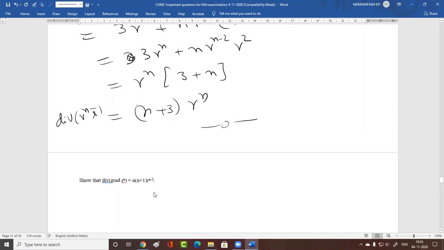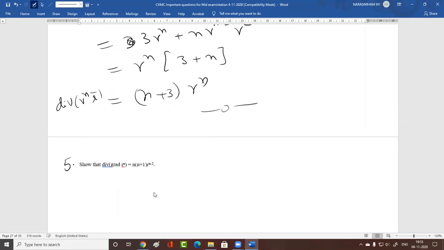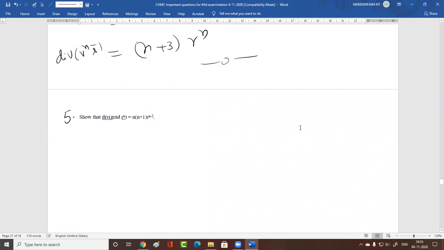Fifth question: divergence of gradient of r power n equals n into (n plus 1) into r power n minus 2. This is also another very important question.